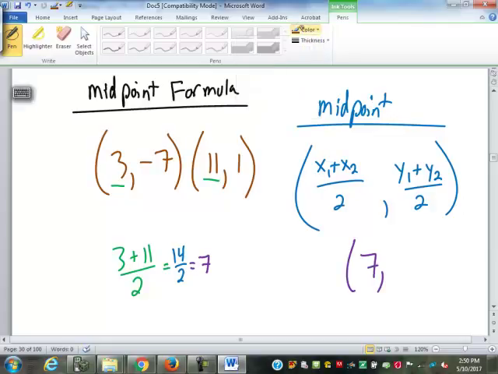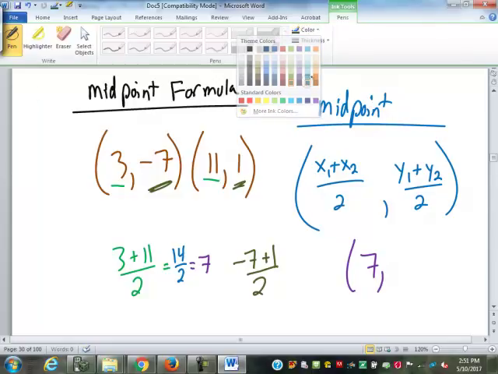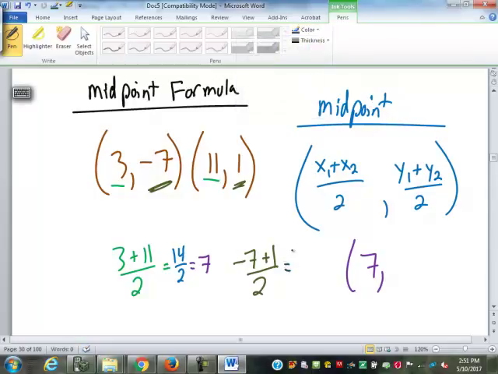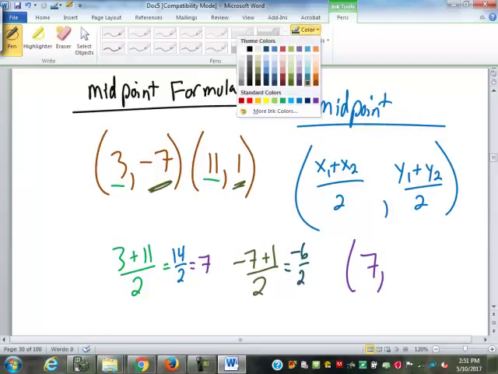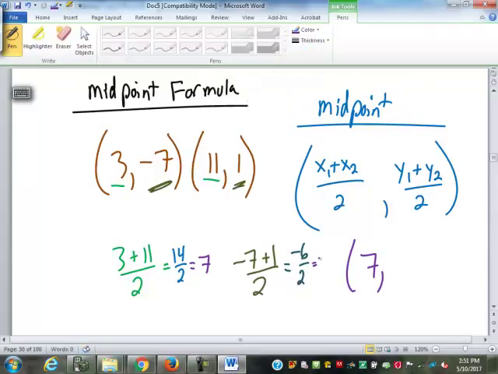For the y coordinate of my midpoint, I have y coordinates of -7 and 1. So I'm going to do -7 plus 1 over 2. What is -7 plus 1? -6. And -6 divided by 2 is negative 3. So negative 3 is the y-coordinate of my midpoint, right there.